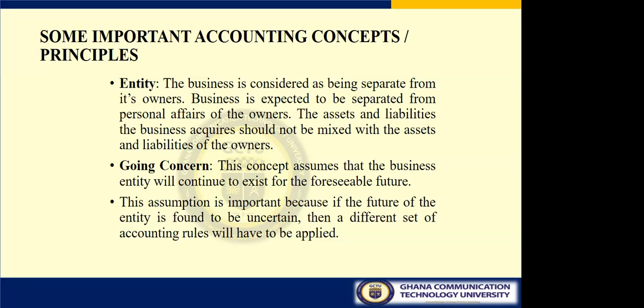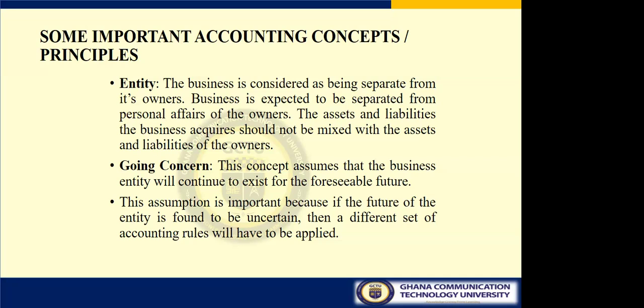So the going concern says that once the business exists, the business will continue to do business. Example, once GCTU exists, what business is GCTU doing? GCTU will continue to admit students, to recruit staff, to teach students, to graduate students. Once MTN exists, MTN will continue to sell data to customers.